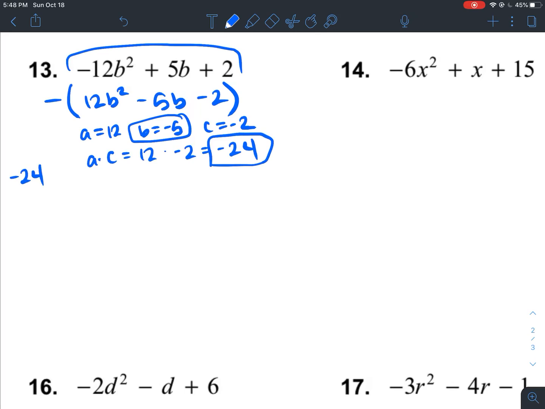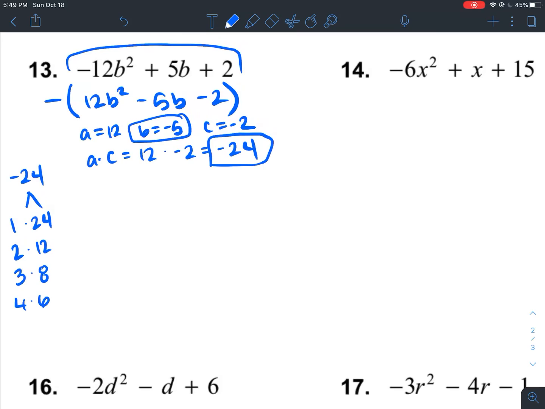So take negative 24, list out the factors, so that would be 1 and 24, 2 and 12, 3 and 8, 4 and 6. Now what two numbers here add to be negative 5, keeping in mind that one of these numbers has to be negative.